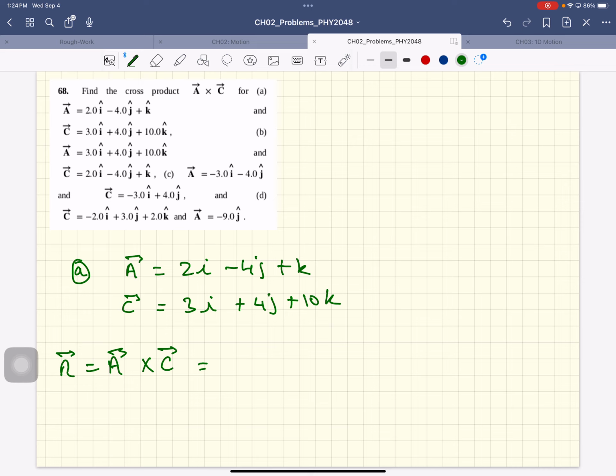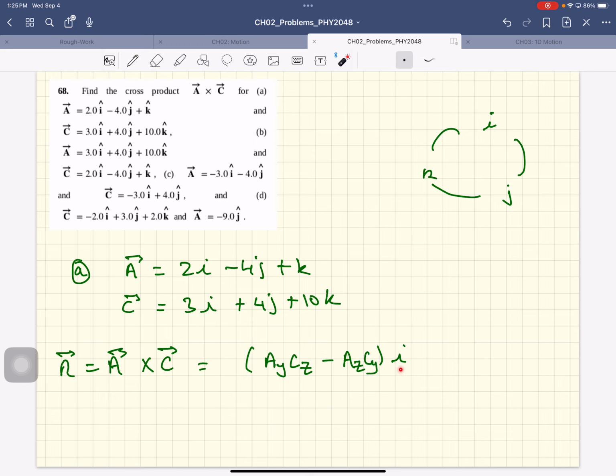Again, I'll show you how I remember it. Okay. I, J, K. So you want the I component, it's AY, CZ, and then the opposite of that, AZ, CY.